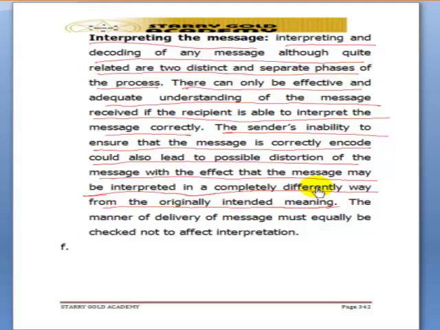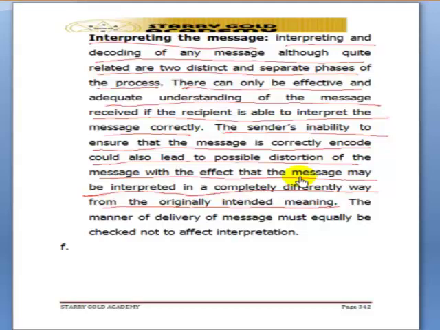You have a multiplicity of ideas put together, such that he finds it difficult to decipher or make meaning out of all of them.